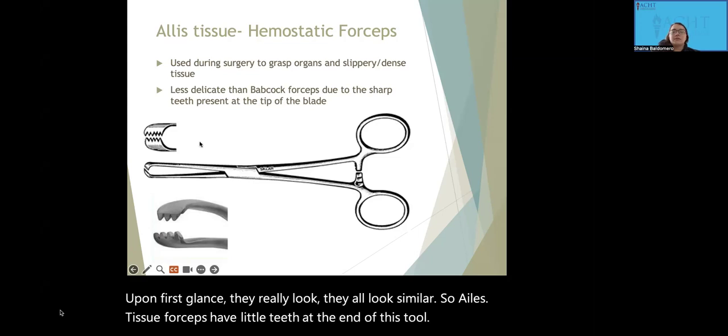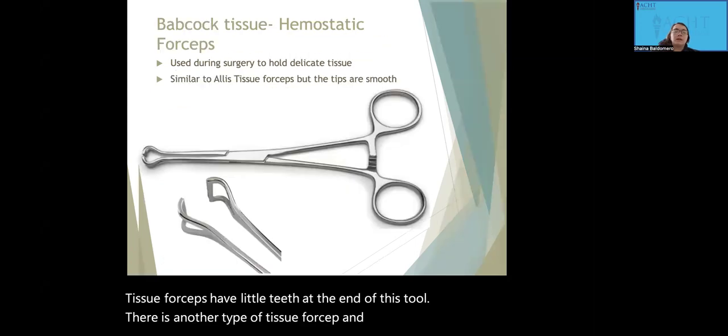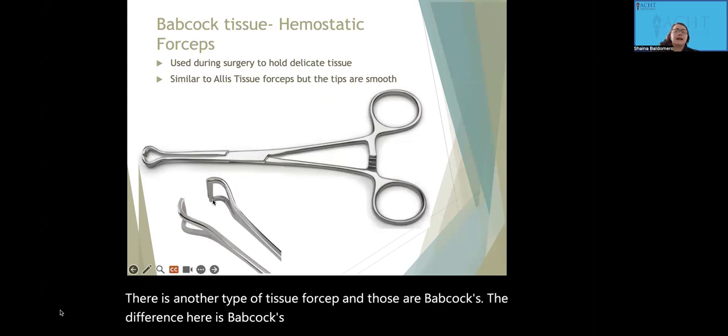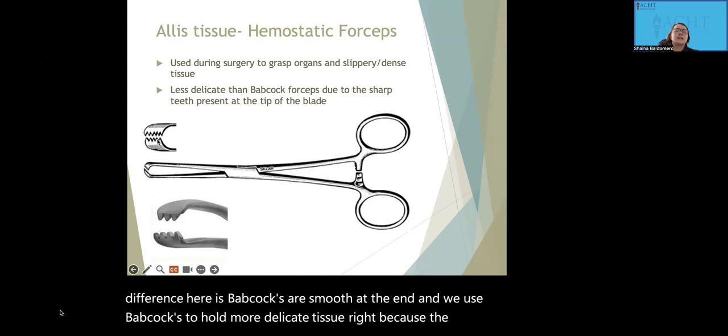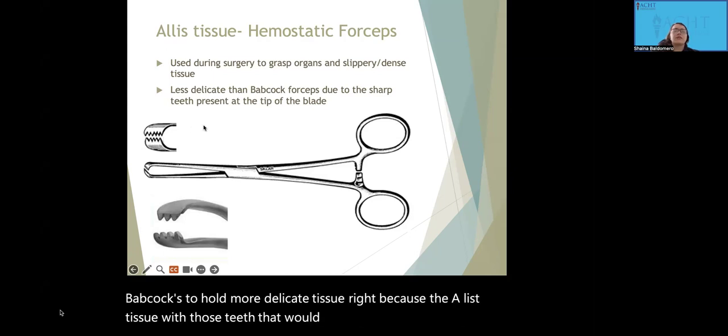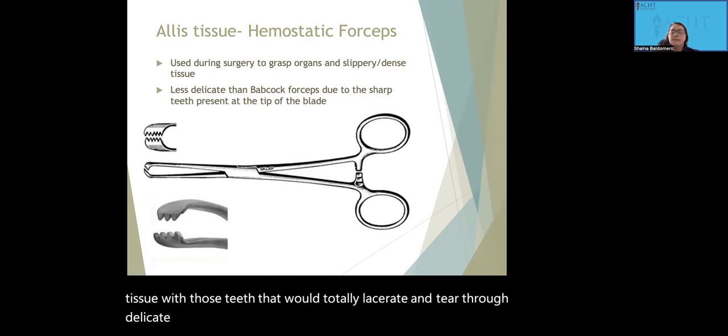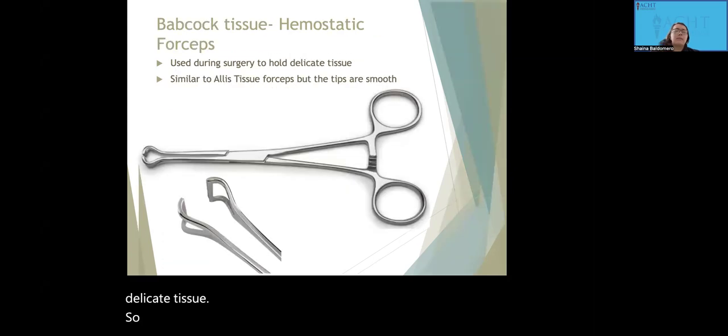There is another type of tissue forcep, and those are Babcocks. The difference here is Babcocks are smooth at the end. And we use Babcocks to hold more delicate tissue, right? Because the Allis tissue forceps with those teeth would totally lacerate and tear through delicate tissue. So again, Allis has teeth, Babcock is smooth.